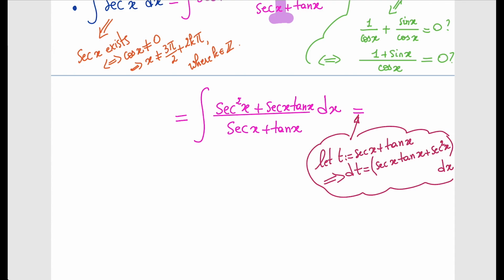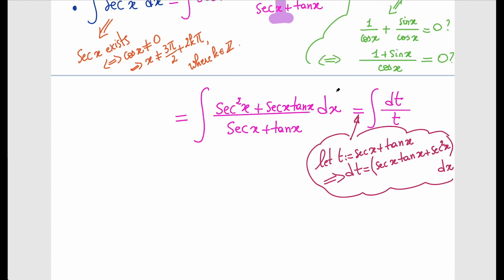And then this integral becomes, so downstairs that's t, and upstairs, take a look. Upstairs we have secant squared x plus secant x tan x dx. So we have all of dt, right?